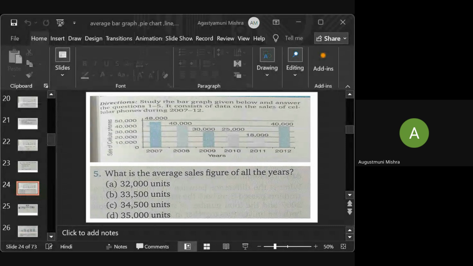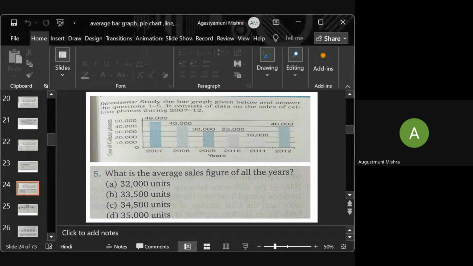Okay. Most of you are saying B. Within half a minute, I will change this. Most of you are saying B. I hope that the answer will be B.